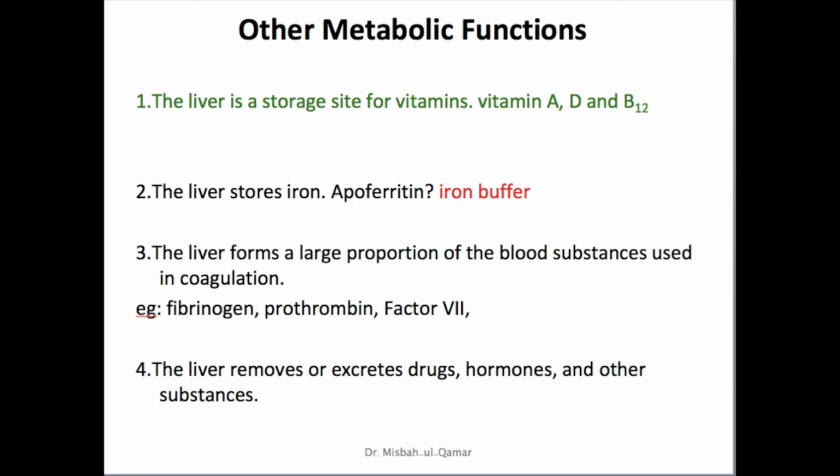You see, the greatest proportion of the body's extra iron is stored in hepatic cells. Apoferritin protein in hepatocytes can combine reversibly with iron. So the liver is also an important blood iron buffer, as the ferritin releases the iron when body fluid iron levels are low.